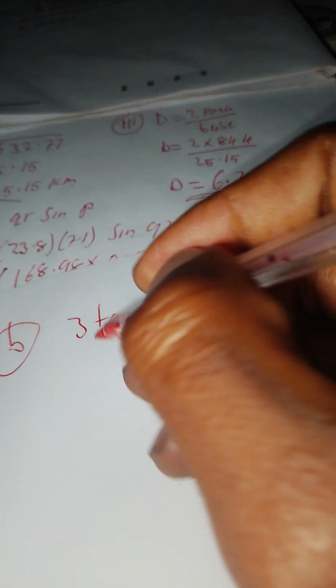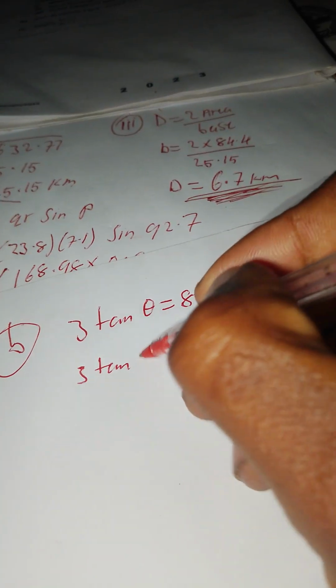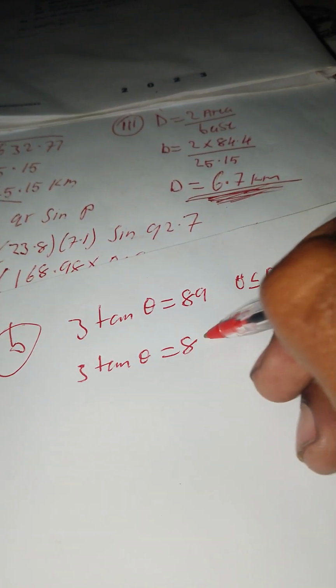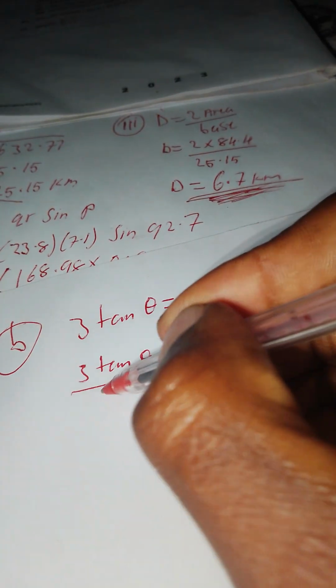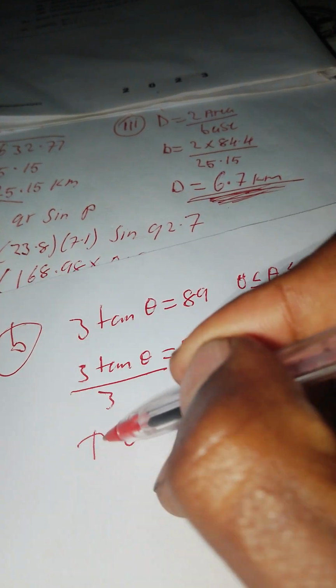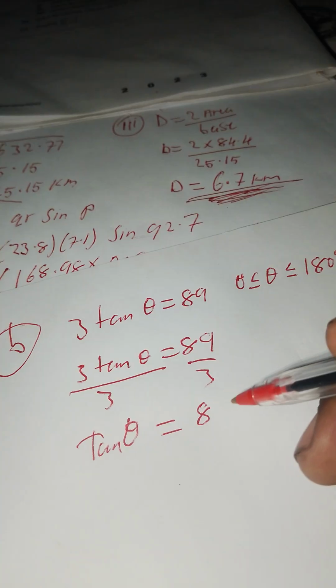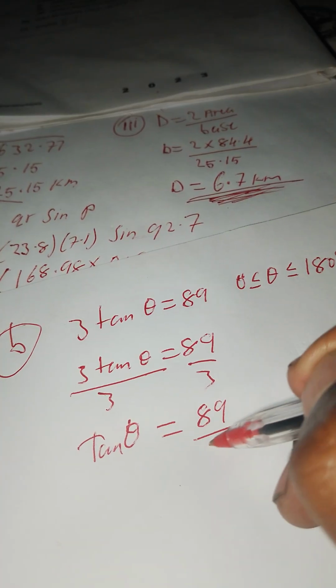At first, 3 tan theta is equal to 89. So divide both sides by 3. You have tan theta is equal to 89 over 3.